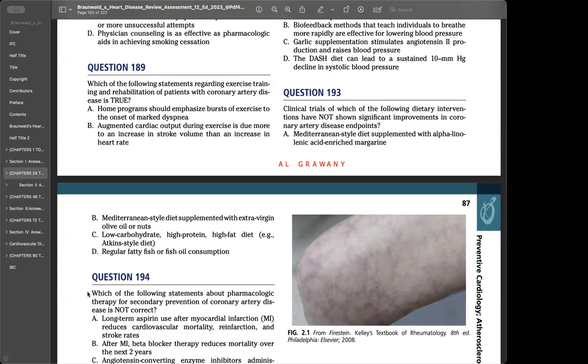Also, some randomized control trials of regular fish intake, and then those who take fish oil that is supplemented with EPA, eicosapentaenoic acid, and DHA, docosahexaenoic acid, respectively.